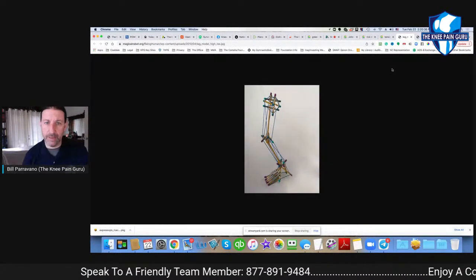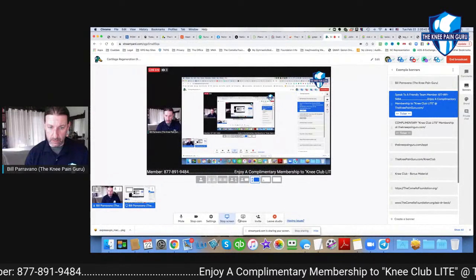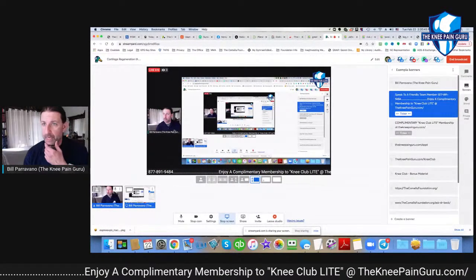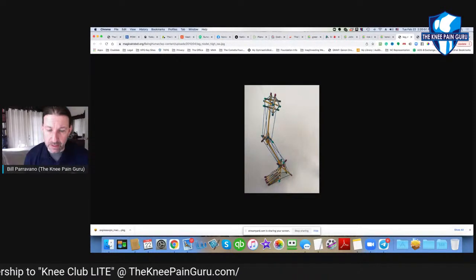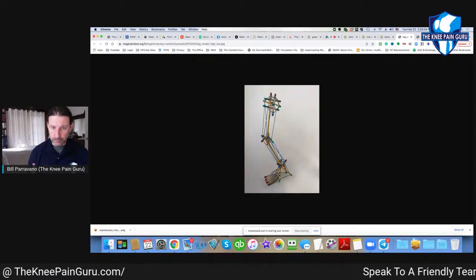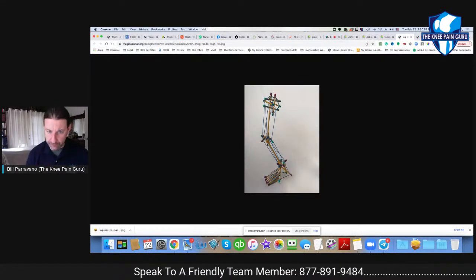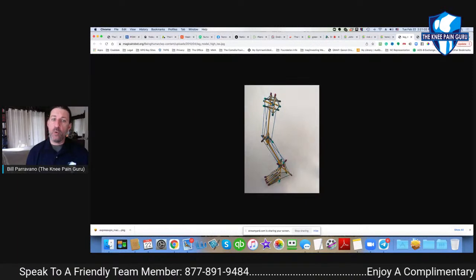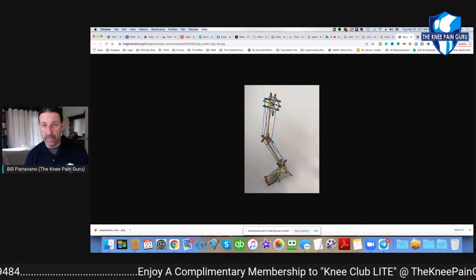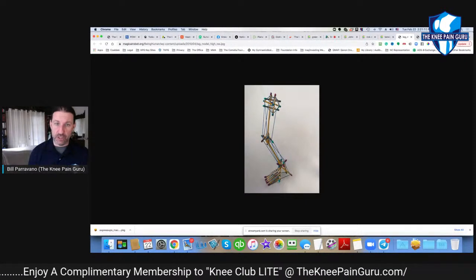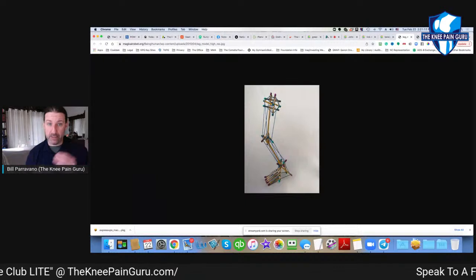The concept of tensegrity structure is important to understand, that the body is a series of pulleys and levers that create a balance of tension in order for it to function, in order for it to operate. When there is too much tension in one area of the knee, the leg, the body, and not enough tension in a certain area, you create an imbalance of tension.